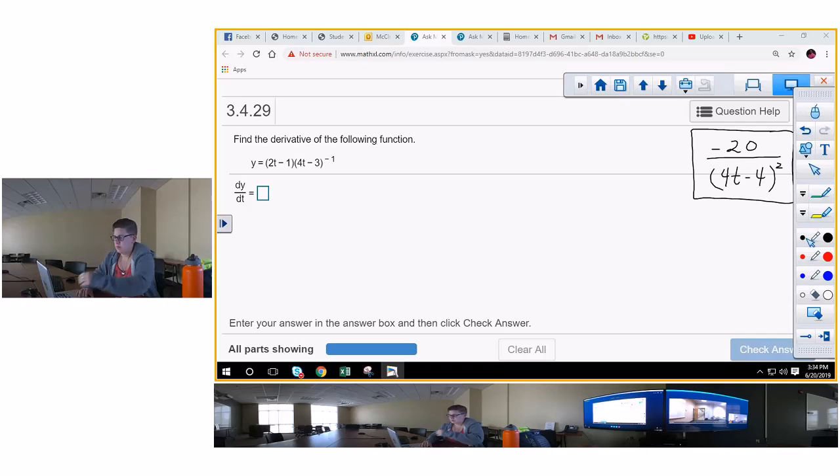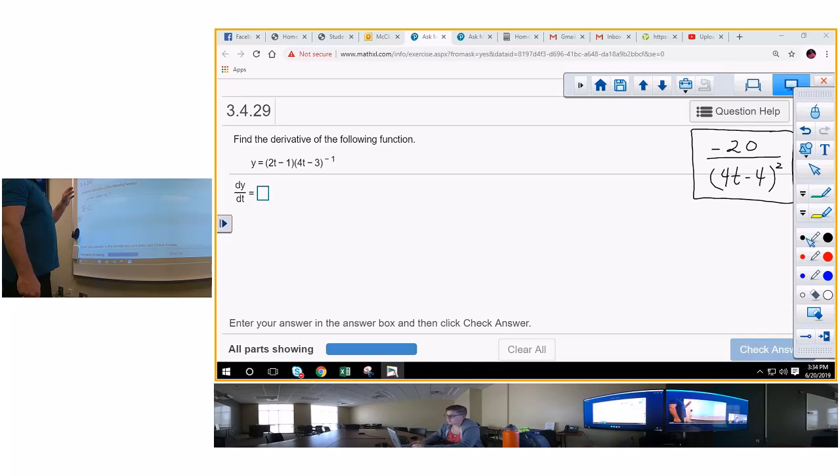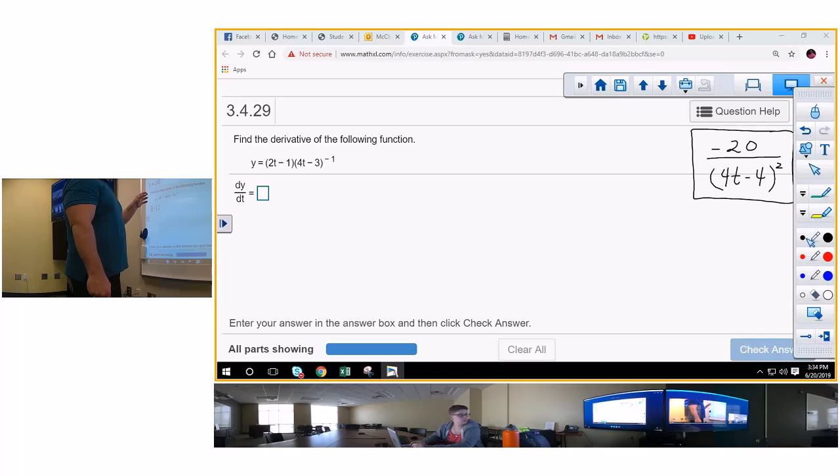Now, could you put this in a quotient form and do the quotient rule? Yes, you could. So we'll do both.